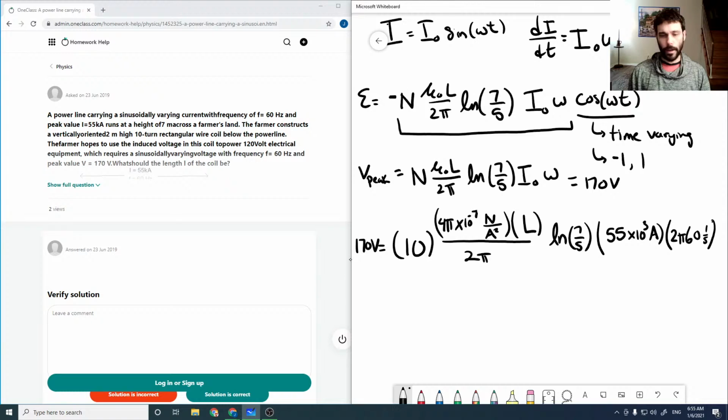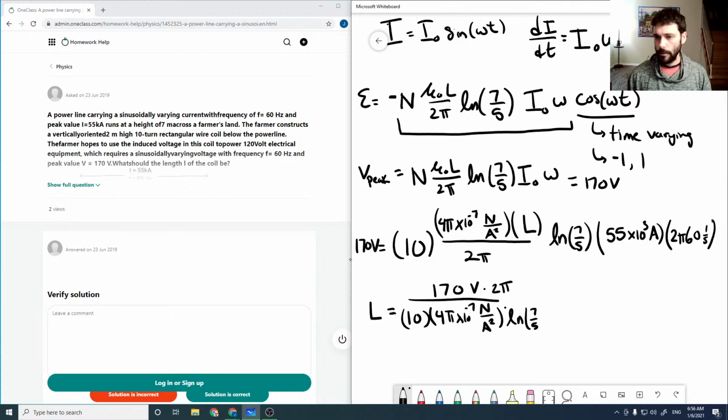So we can rearrange this for L and say that L is 170 volts times 2 pi, and then all over the rest of this. So 10, 4 pi times 10 to the minus 7 newtons per amp squared, ln of 7/5, 55 times 10 to the 3 amps, 2 pi times 60 per seconds.